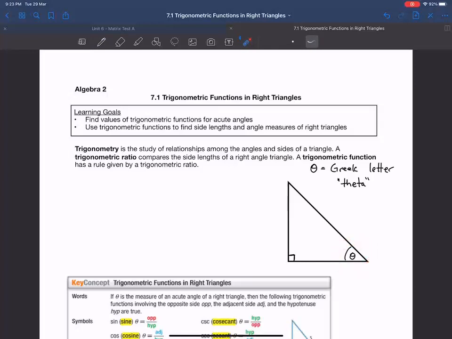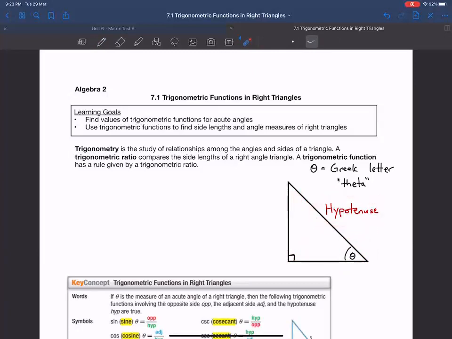My longest side of a triangle, the side that is always across from the right angle, is always going to be called my hypotenuse. So no matter where my angle theta is, whether it's here or whether we call this one up here theta, my hypotenuse is always the longest side.